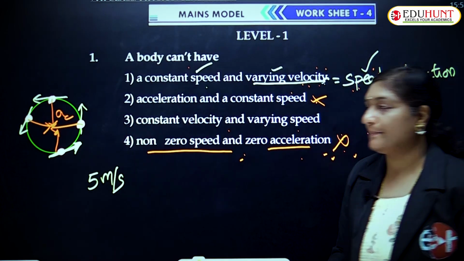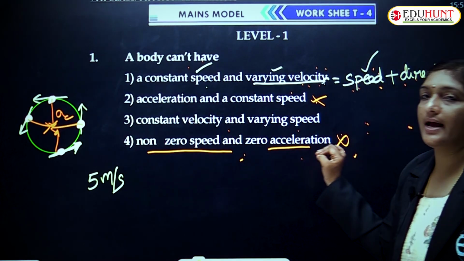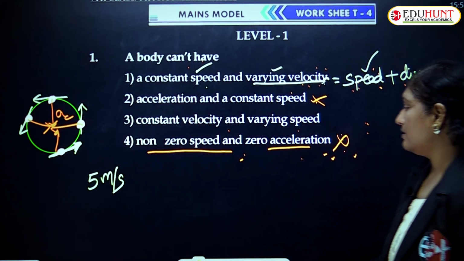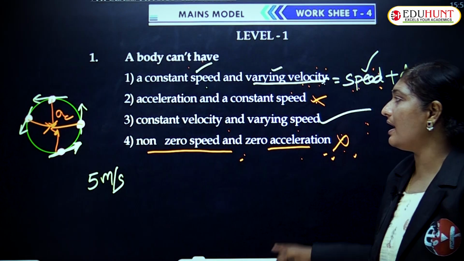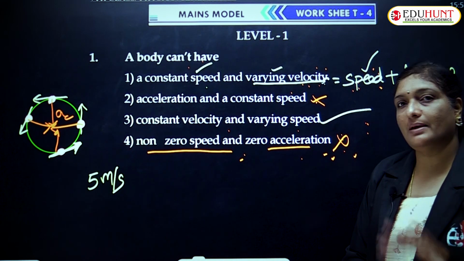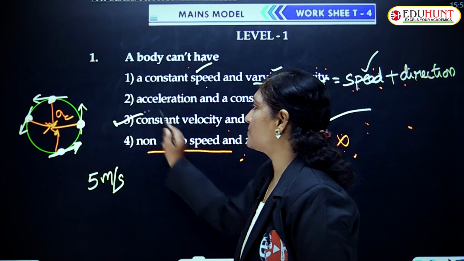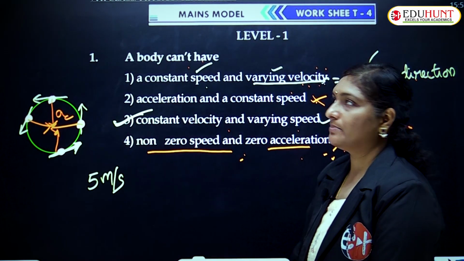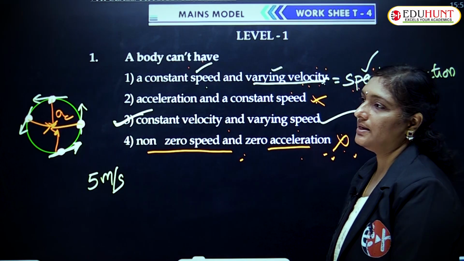It can never happen. So a body can't have constant velocity and varying speed. So what he said was absolutely true. The body can never have a constant velocity and varying speed. Speed is changing means velocity must also change. So what is your correct option? Third option is your correct option, because a body can't have constant velocity and varying speed.